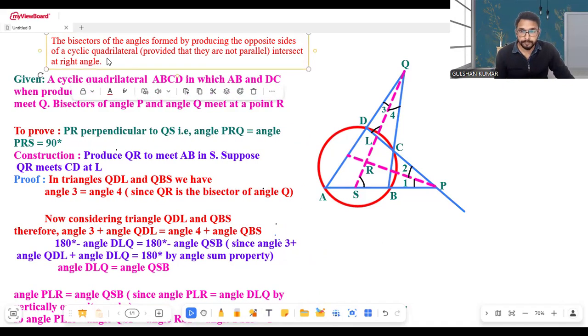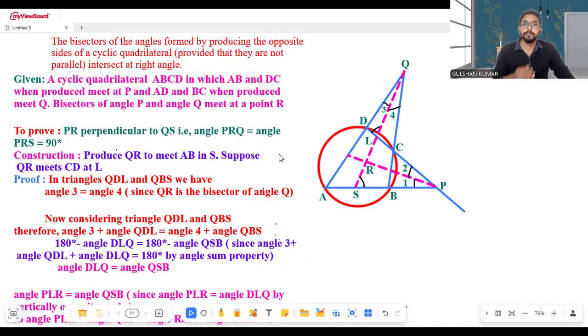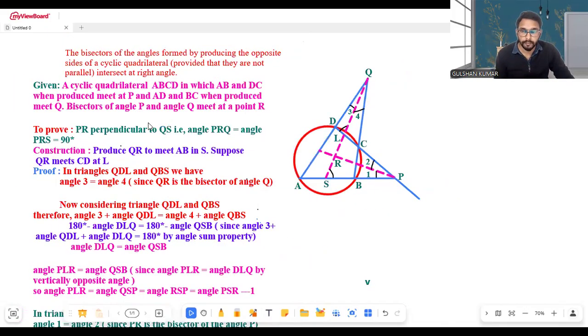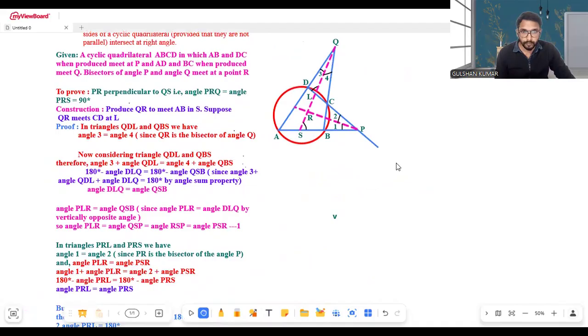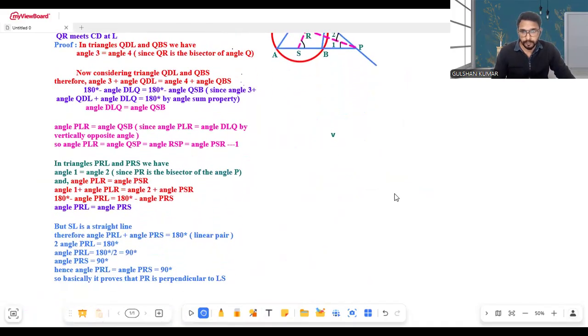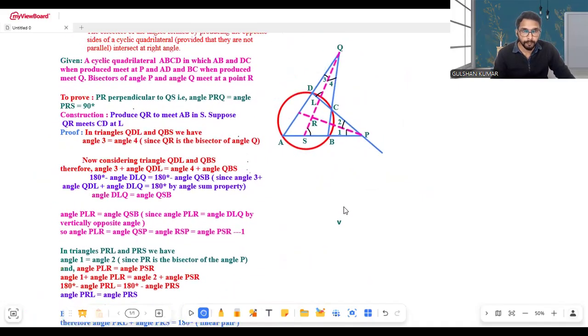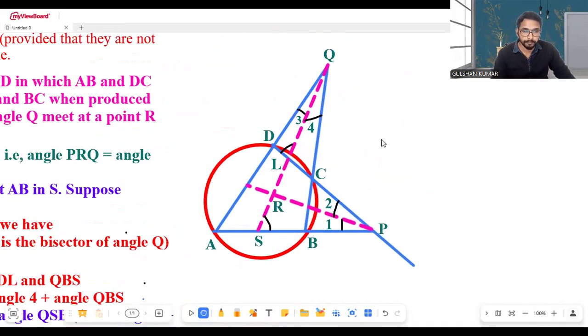This is the question. I can increase the size, and this is what we have proved here. You guys can take a screenshot from here, and you can easily understand what I have proved here with the help of the basic diagram. This one is the basic diagram. Thank you.